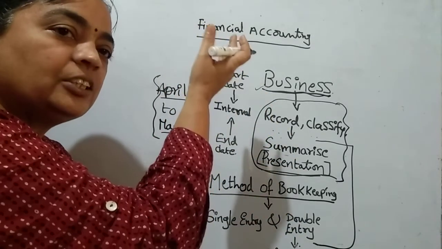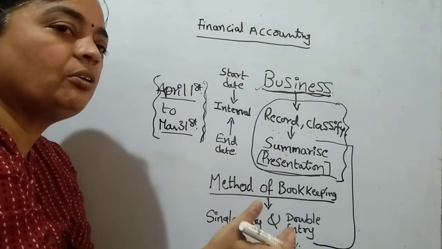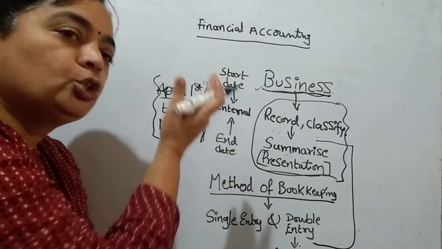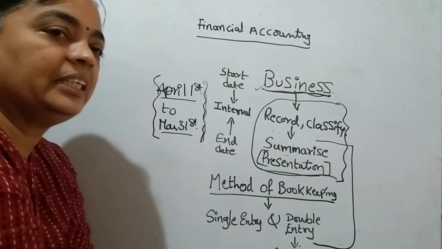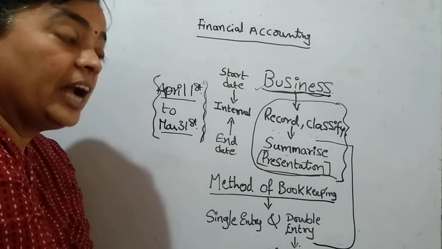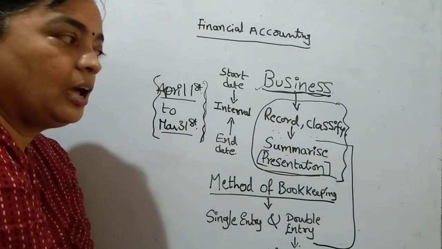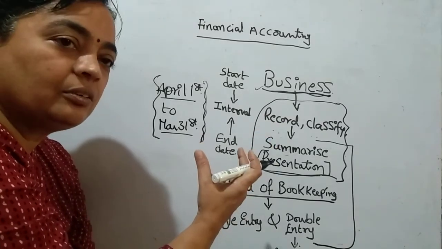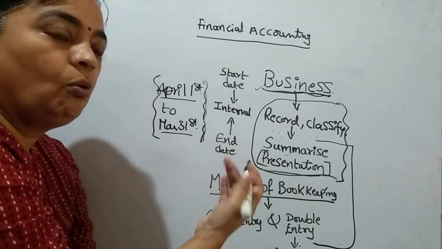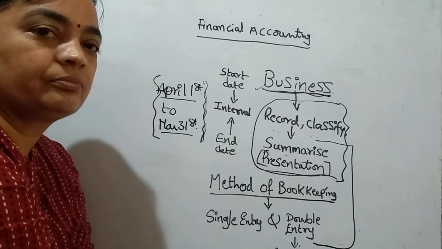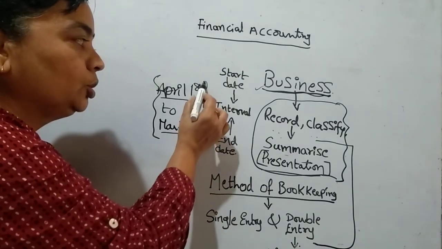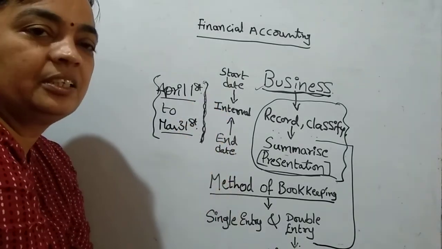The business has done some transactions throughout the year, no? It represents the throughout-year transactions in a small summary. And why? By seeing that summary anybody can know what is actually happening in the background throughout the period, right?